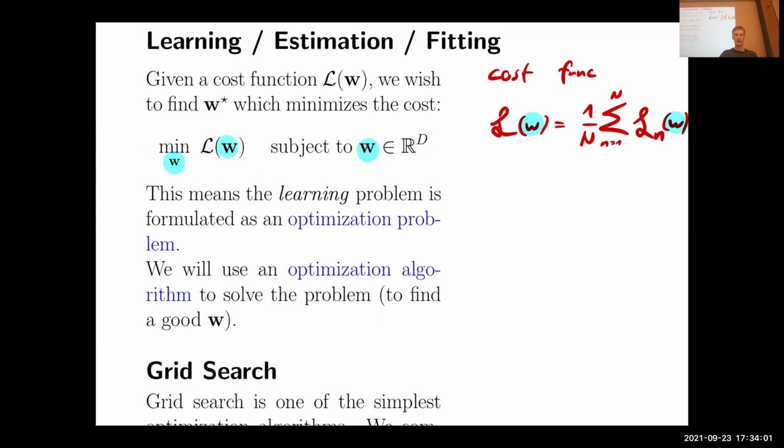Can I find this high dimensional vector W, the weights, such that it fits the data and the fit is measured like this? How well is every data point fit in terms of this cost function that we use? So now we have the cost function, now we're going to just use it to do training. Because optimizing this, minimizing this, that is what training is, and it's also called estimation or fitting.